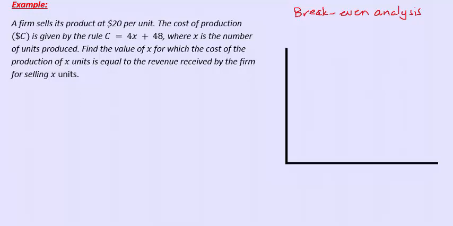Here we have my axes, where the amount of money it will cost to produce or the amount you'll earn is on the y-axis, and the number of articles is on the horizontal axis.